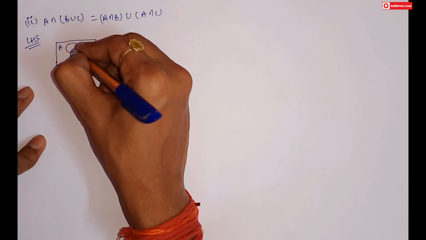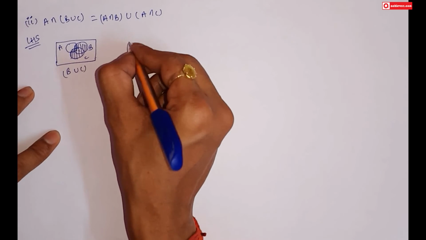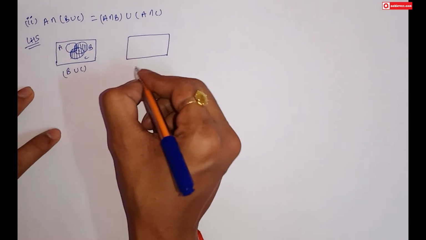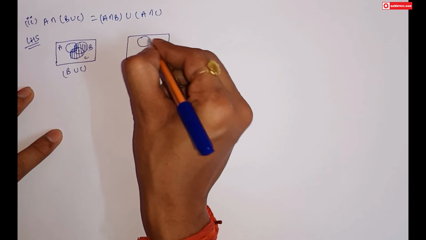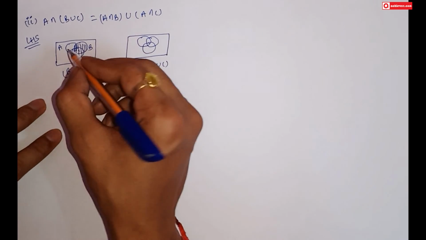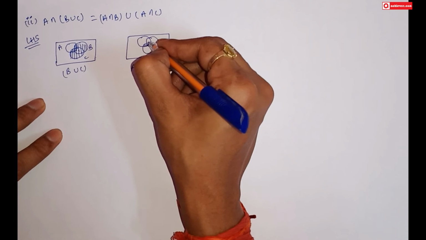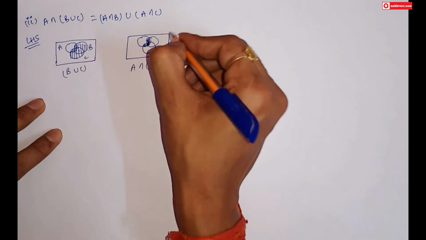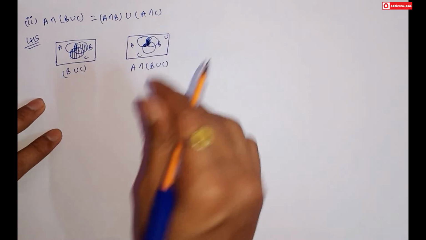It will include this whole part. And what is A intersection (B union C)? So this is A, and what is the common in both these? This will be the common part.